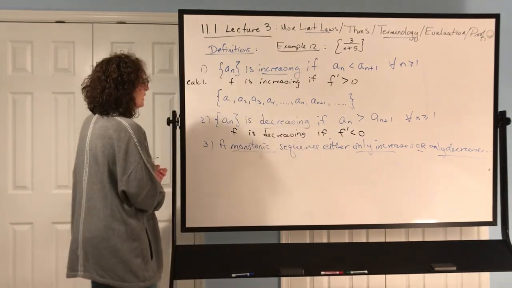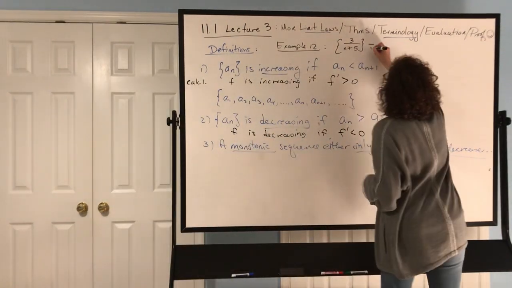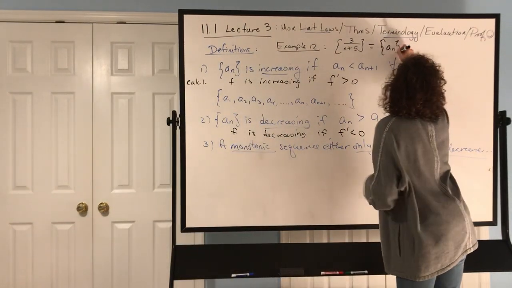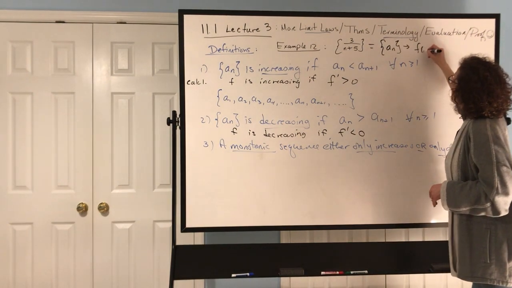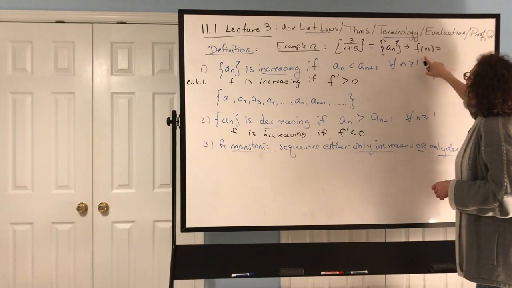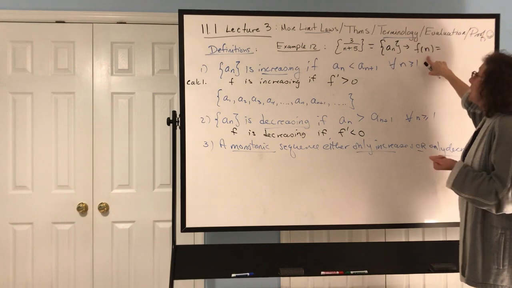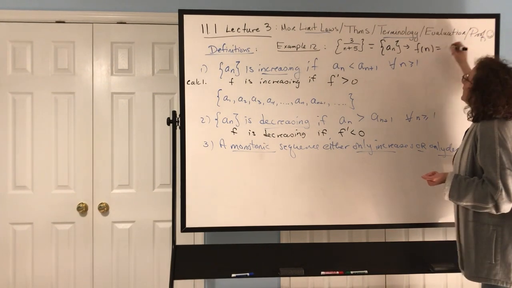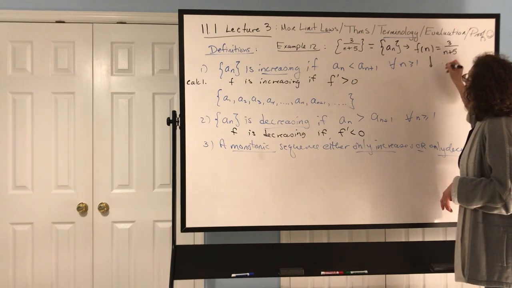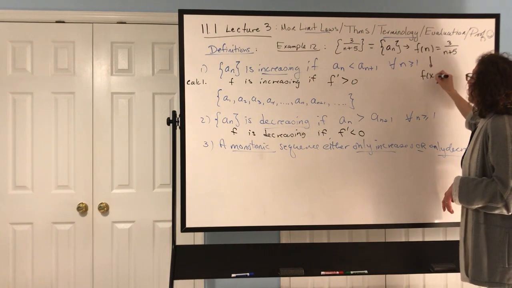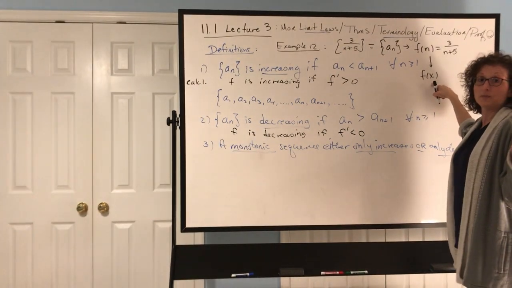Good. Okay, so we can exploit these ideas though, because this guy is our a sub n. But we can say, what if I created a function f of n and thought of this as a function of natural numbers? This is still discrete, it's still a bunch of dots. So I called f of n 3 over n plus 5. Then I could look at the continuous version of that guy, f of x, where x is a real number, just like we did when we did L'Hopital's rule.